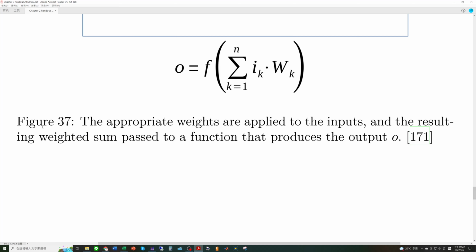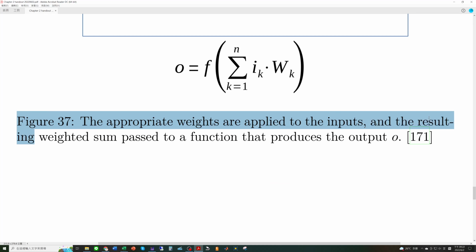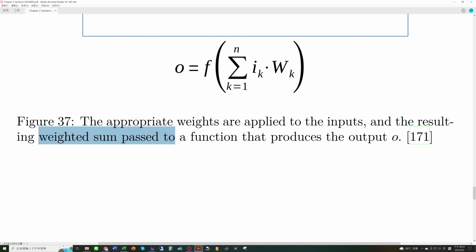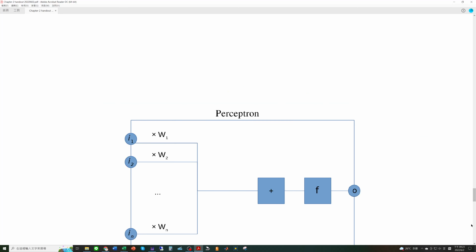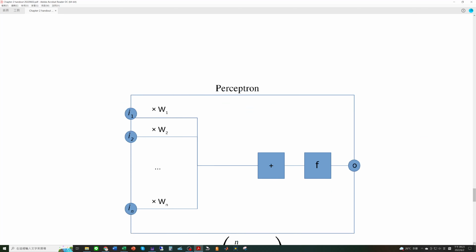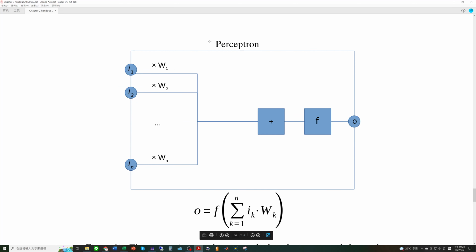Next, let us see figure 37. The appropriate weights are applied to the inputs, and the resulting weighted sum is passed to a function that produces the output O. This is a perceptron. There are inputs I1, I2 to IN, totally N inputs.